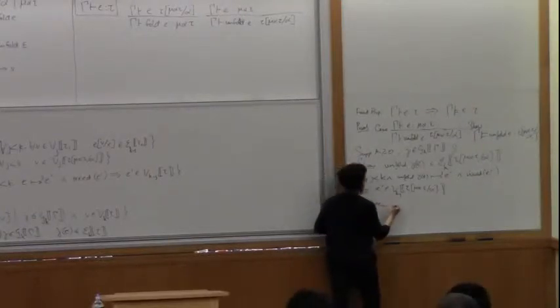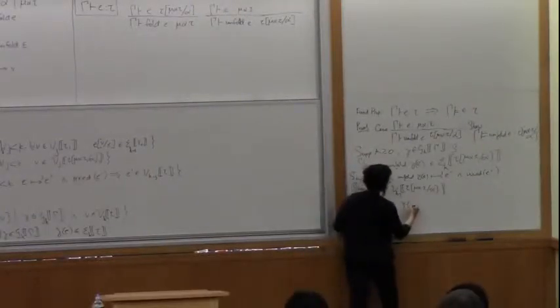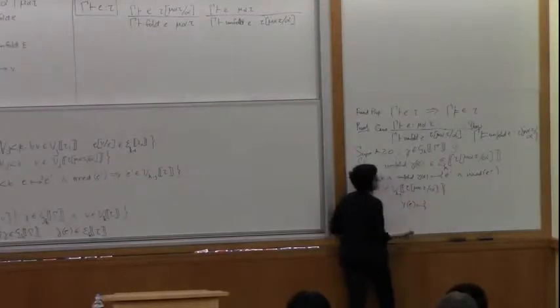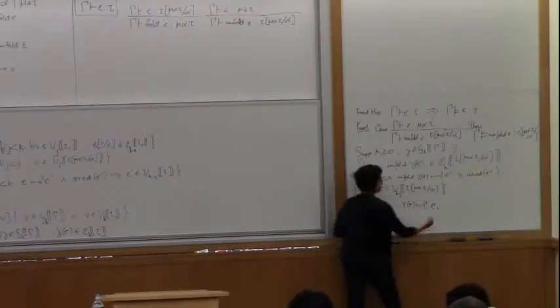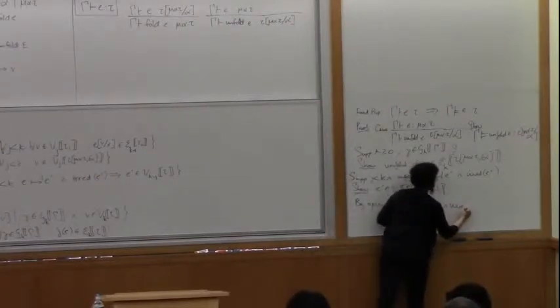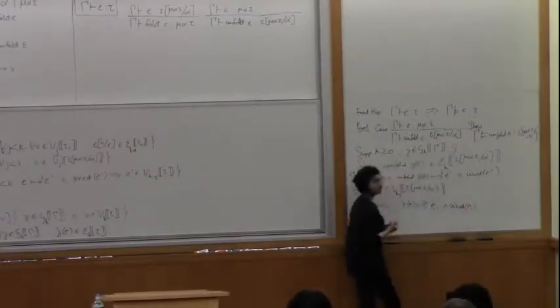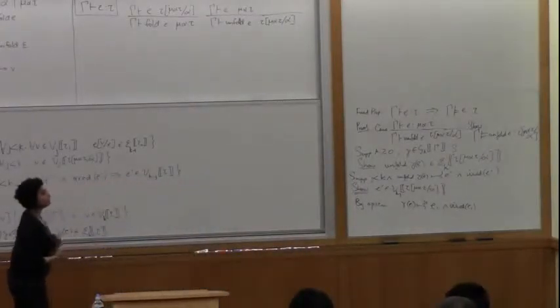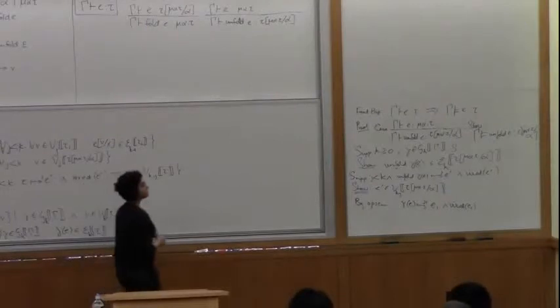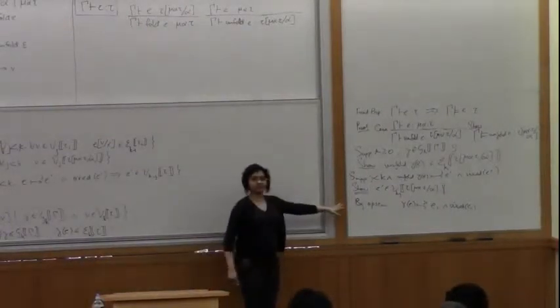By the operational semantics, it must be that gamma E in some, let's say, J1 steps stepped to some E1, and E1 is irreducible. That's just from the operational semantics, right?